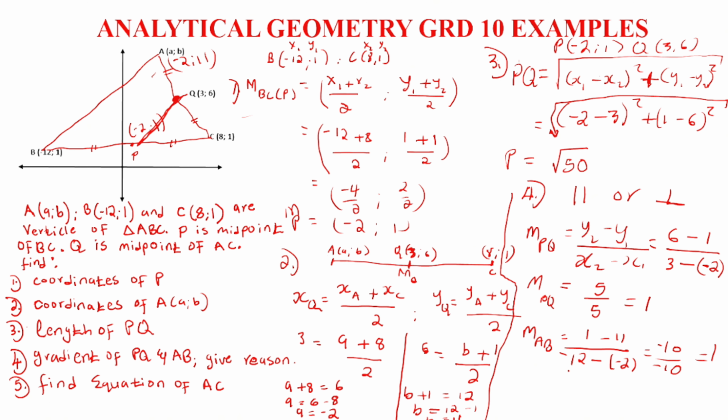Now they said we need to make a conclusion, a reason. Because the gradient of AB is equal to the gradient of PQ, therefore these two lines are parallel.